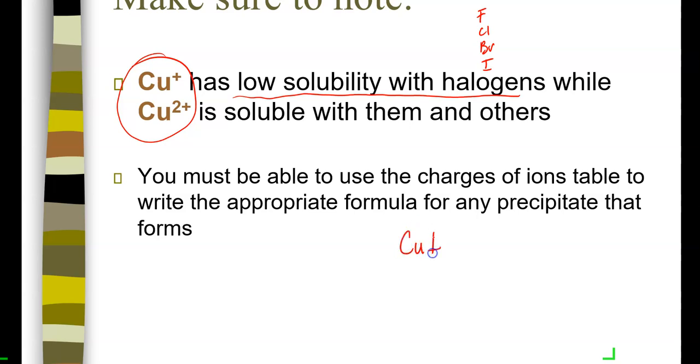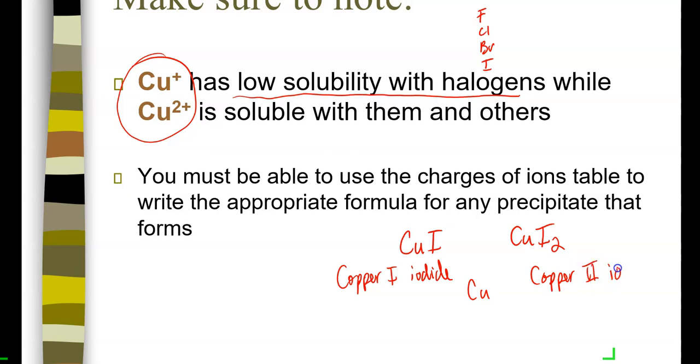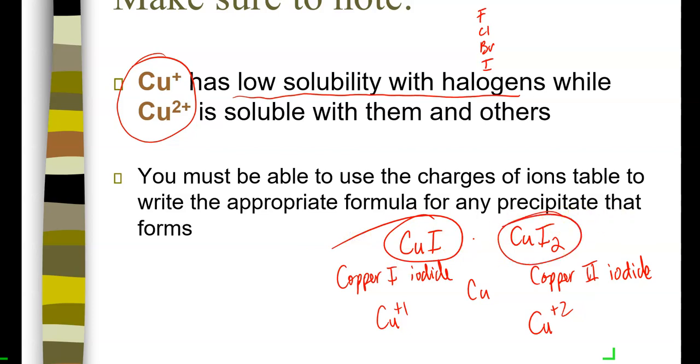So if I'm looking at this versus this, and if you just go and look up copper on the table without paying attention to what, oh, sorry, copper iodide with a 2, this is copper 1 iodide, whereas this is copper 2 iodide. And the difference in that is that this is copper plus 1 and this is copper plus 2. This has very low solubility. This does not. This is very soluble. Okay, so we've got to pay attention to those little things.